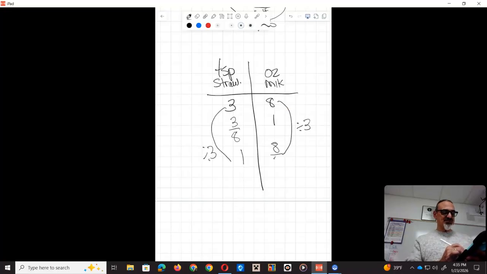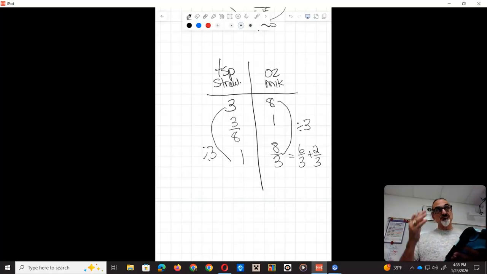Well, look, that's the reciprocal or opposite. That's 8/3. And 8/3 is equal to 6/3 plus 2/3. 6 plus 2 is 8. And if we know 6/3 is pretty much 2 groups of 3, or 6 divided by 3, we get, can I move it over?